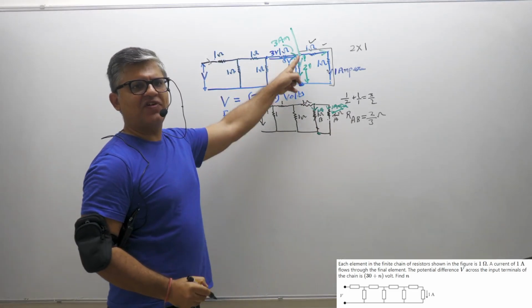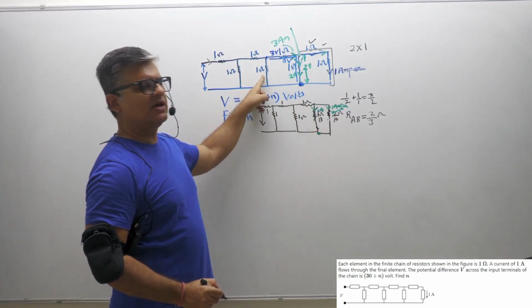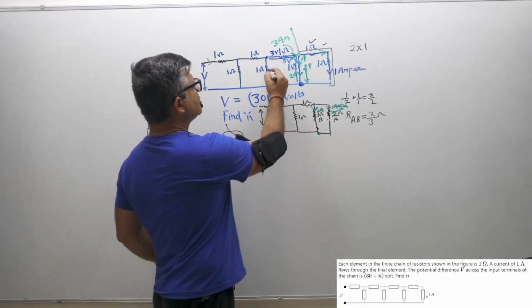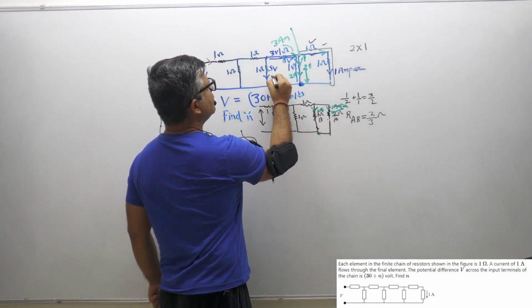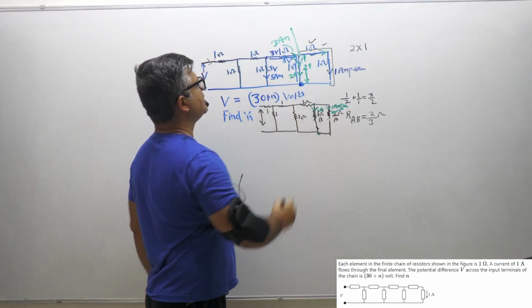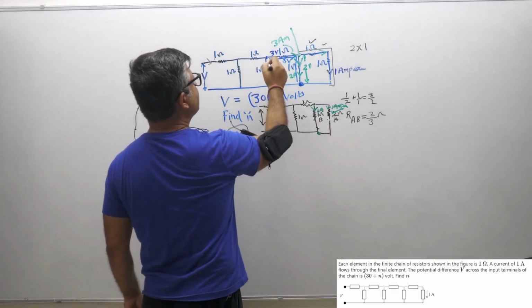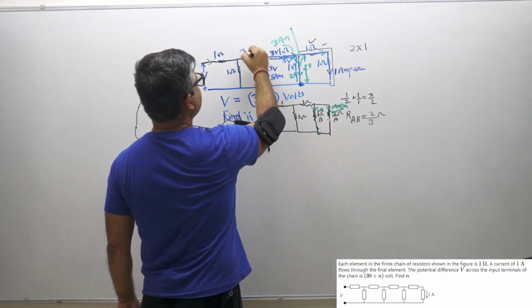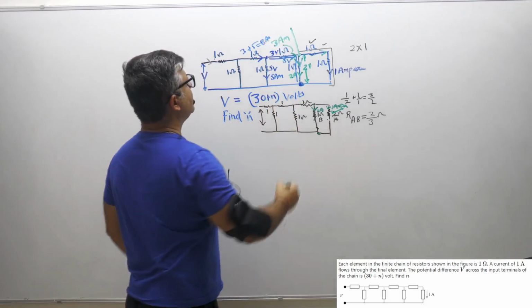If this is 5 volts, 1 ohm is in parallel with these two. So the potential here also is 5 volts. So the current will be how much? 5 amperes, right? Which means the total current which is coming from here is 3 plus 5 is equal to 8 amperes.